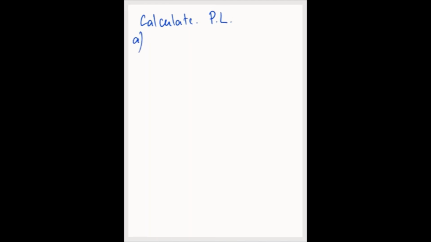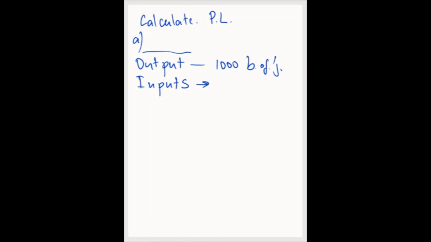So before beginning the calculating labor productivity, let's see what kind of numbers we have. We have outputs: 1,000 bottles of juice, and we have inputs. So first one is labor, 40 hours, $12.50 per hour.